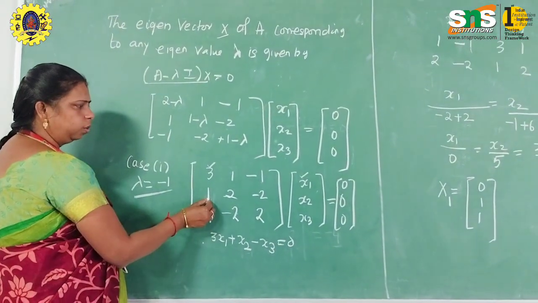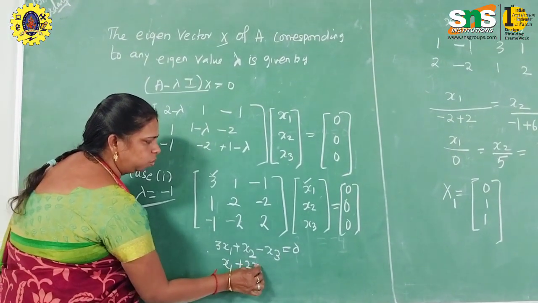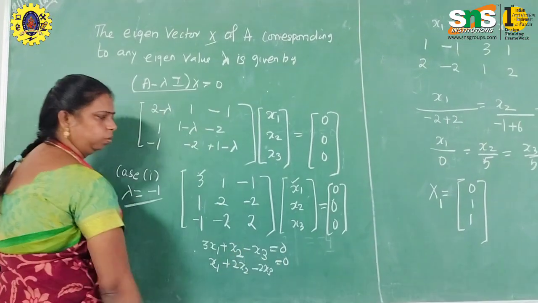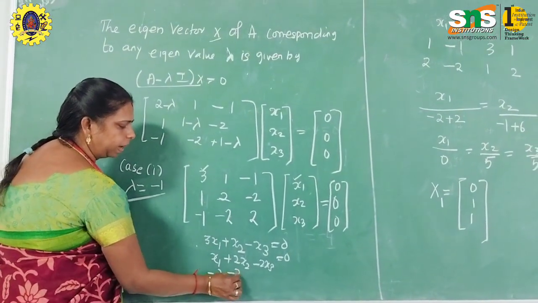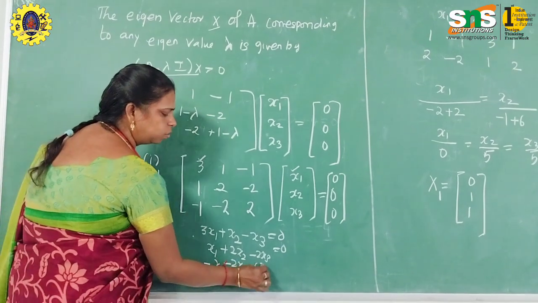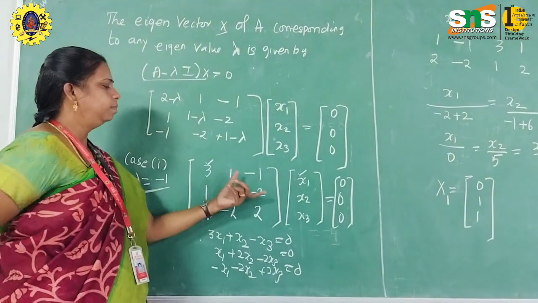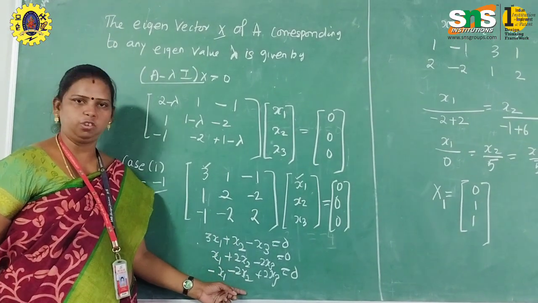Take the second row: 1 into x1, plus 2x2 minus 2x3 equal to 0. Take the third row: minus x1 minus 2x2 plus 2x3 equal to 0. So from this matrix, I have got the 3 equations.